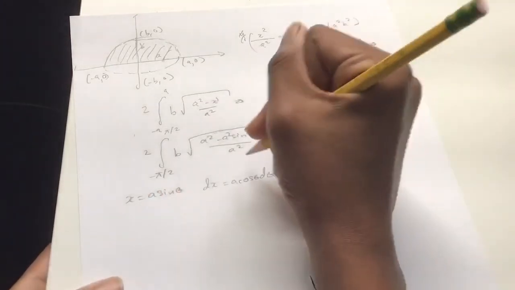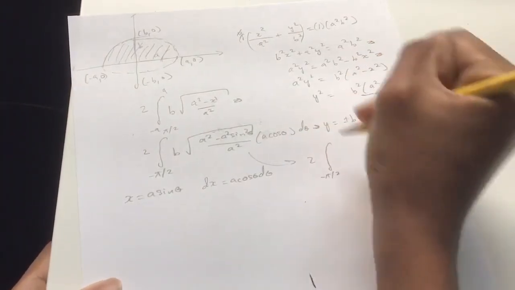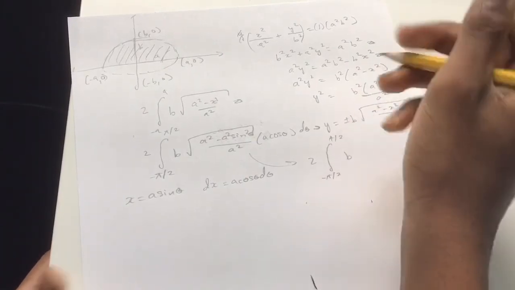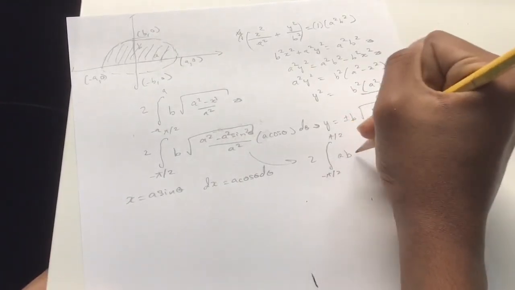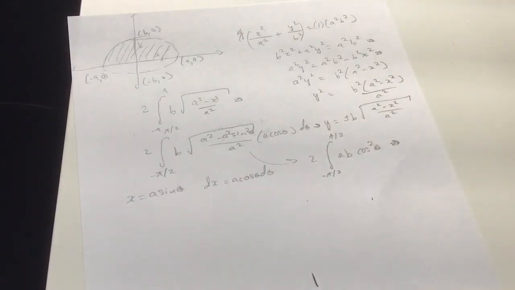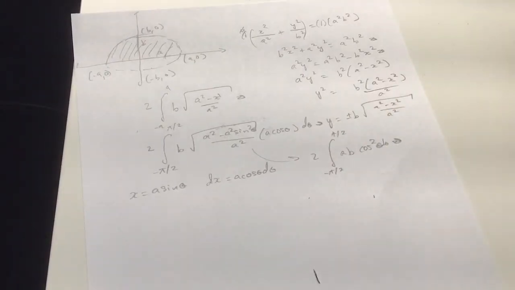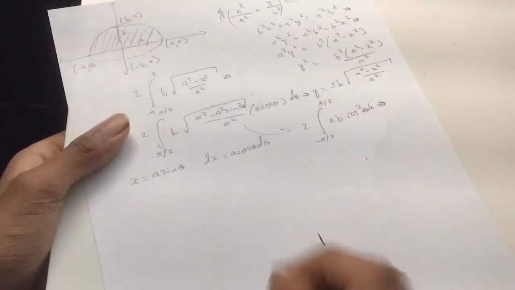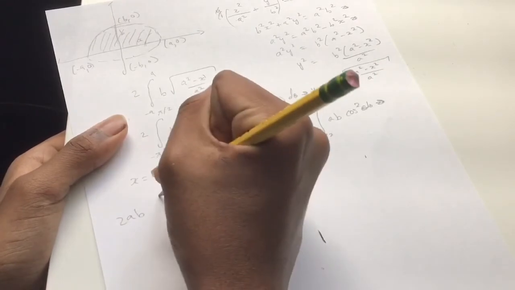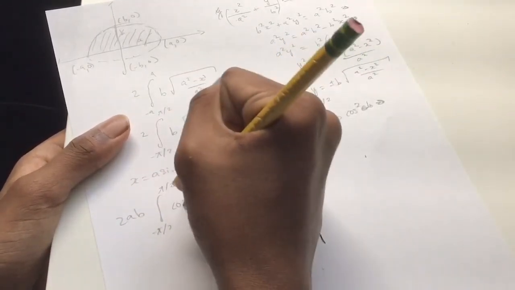Right? So this can simplify to 2, integral from negative pi over 2 to pi over 2, ab cosine squared theta d theta. Okay. Now, since a and b are constants, we can bring the ab term out of the integral to get 2ab times the integral from negative pi over 2 to pi over 2 of cosine squared theta d theta.